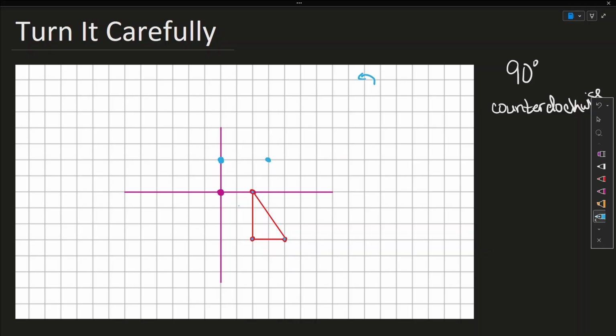And then this final point, it goes over 4 and down 3. So now I need to go over 3 and up 4. And then I can connect the dots for my new rotated triangle. Not the best line there on the right, but that's okay.